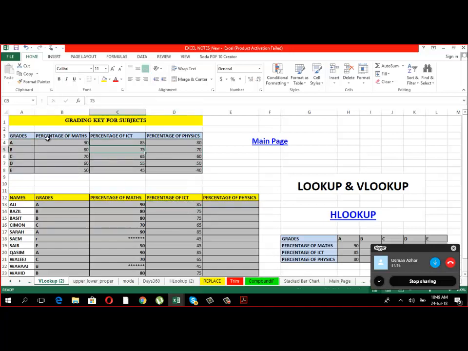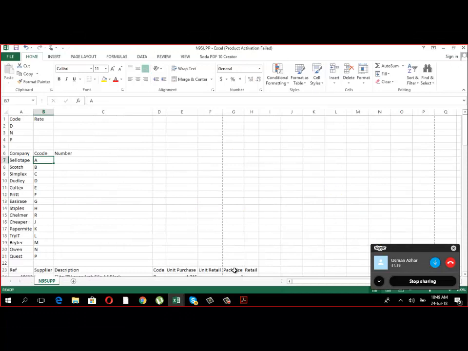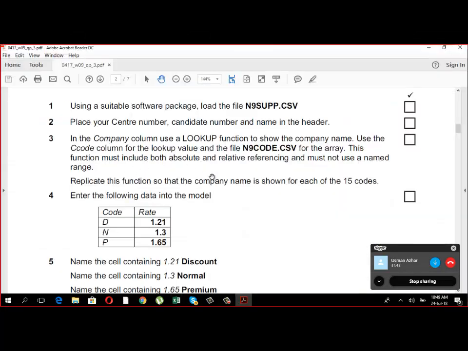Now, in this example, in the exam paper, I don't have these two. It's simple. I just have 2 columns. So I will just refer to 2. That's it. You get the point? My example was different. Okay? So, did you get it? So you got this part, point number 3.